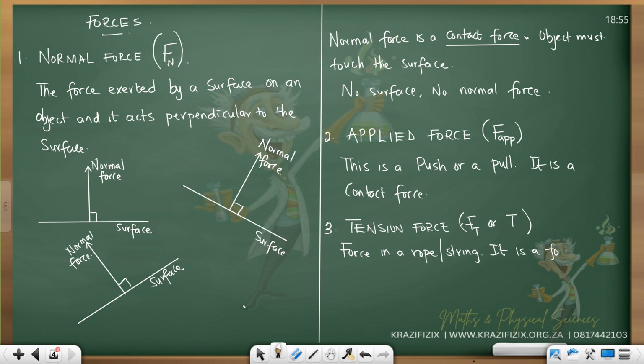It is a form of applied force. It is a contact what? Force. Quickly write all of this for me.